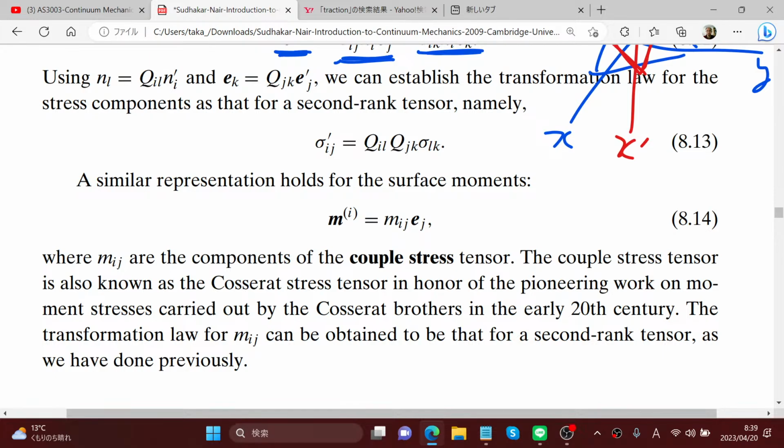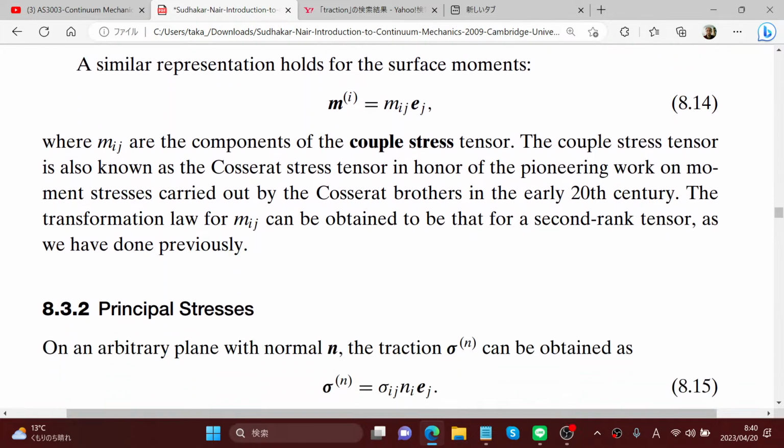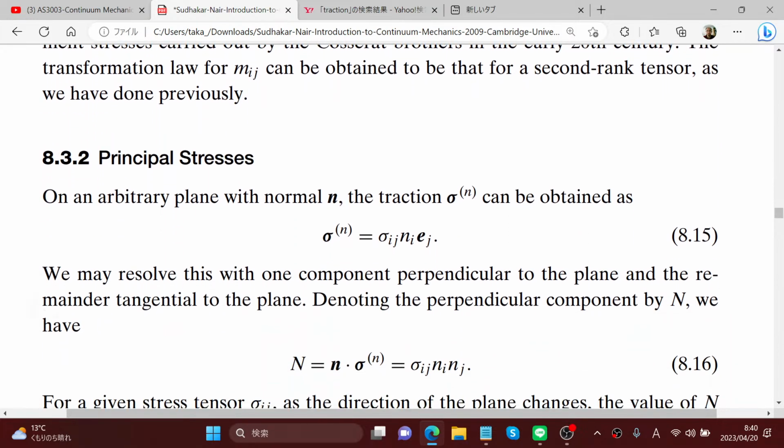The transformation law for Mij can be obtained to be that for a second rank tensor, as we have done previously. Okay, let me skip the moment part.